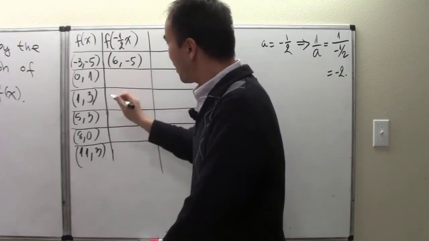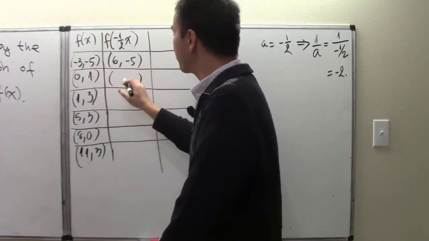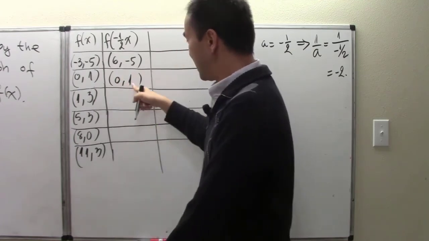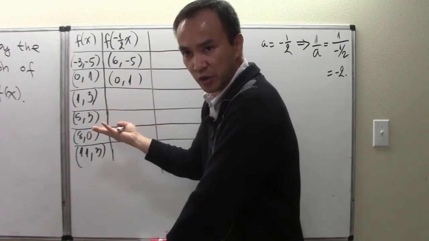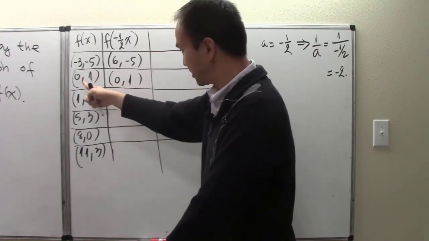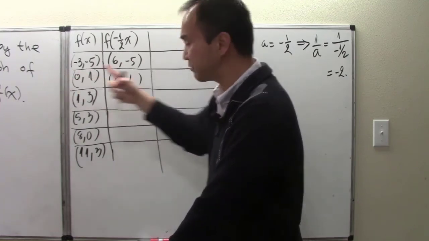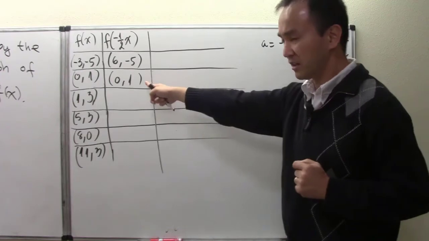The next point here, 0 comma 1, will be transformed to 0 comma 1 again. I see this 1, the y value here, stays the same, because for now we didn't do anything with the y value. But the x value looks like it stayed the same simply because 0 times negative 2 equals 0 again. All right, that's how I got that transformed point.